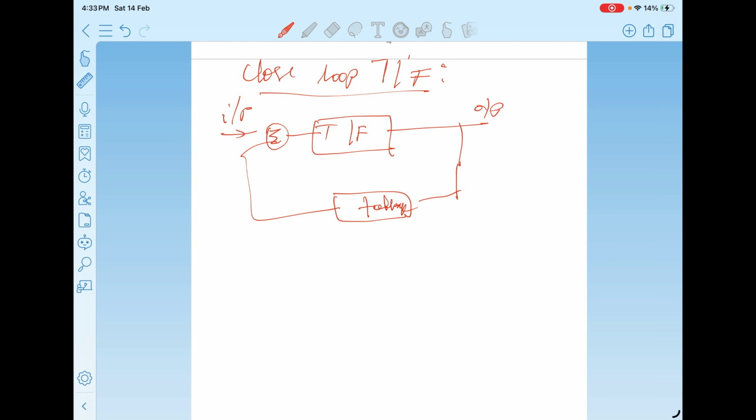Closed loop transfer function. Why it is again a very important thing is, see now, for example, we'll take the previous example which we were discussing. That is, there is a guided missile, and you are targeting the enemy very precisely.